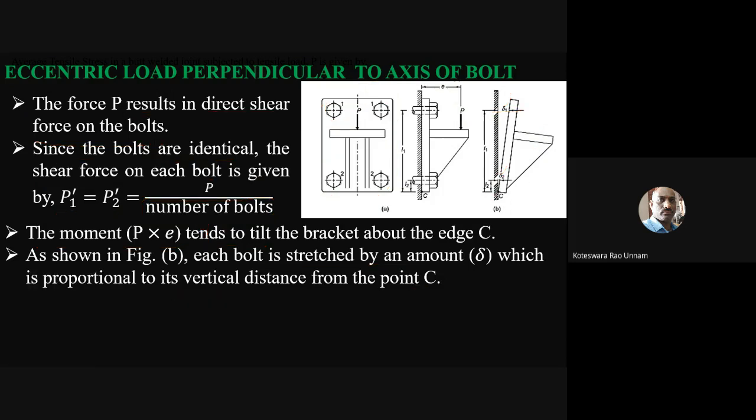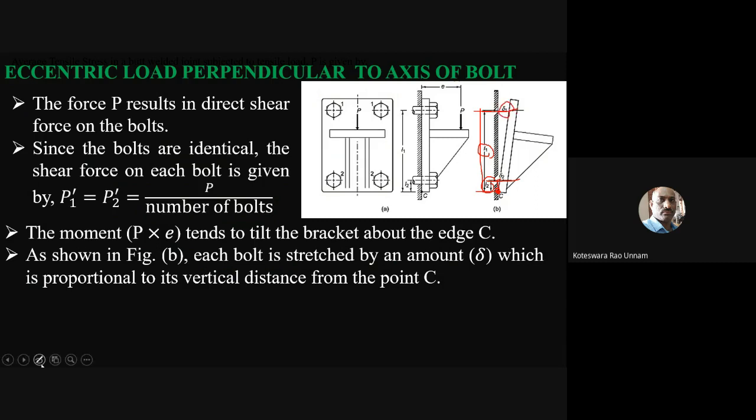See, L2 is the distance from the point of tilt. This C we will call the tilting point or point of tilt. Now the bolt center line is here. The distance from point C to the bolt center line of the second set we'll call L2. Similarly, the distance from point C, the point of tilt, to the center line of the first set of bolts is L1. If this length is more, the elongation is more.